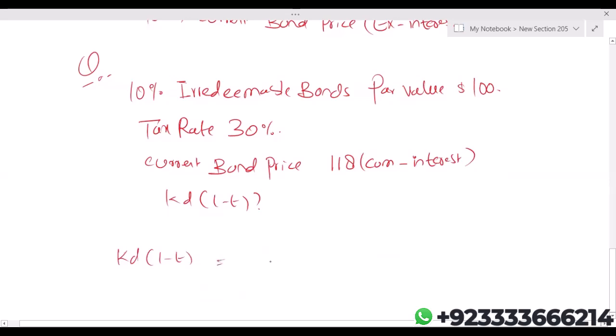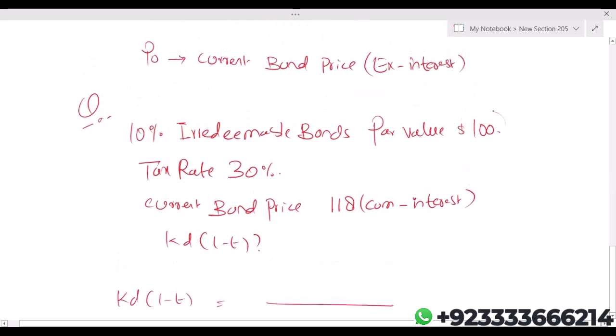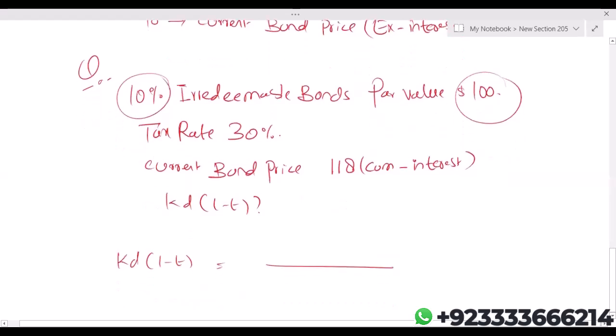KD1 minus T is equal to, of course, par value is 100. Coupon rate is 10, so cash interest is 10, times 1 minus tax rate. This is cum interest, so you have to make it ex interest by deducting the interest. So it will be 108.